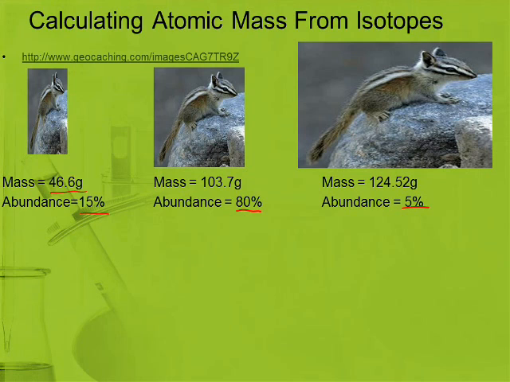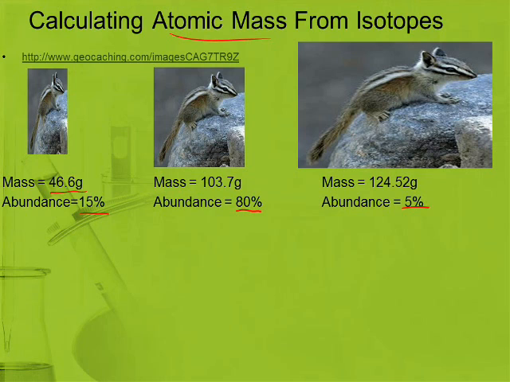Then here, 80% have a mass of 103.7. 5% have a mass of 124.52. So I would assume that if we're going to calculate the atomic mass, it's going to be closer to 103.7. So how do we do this? Well, we have to take the relative abundance and change it into a decimal.